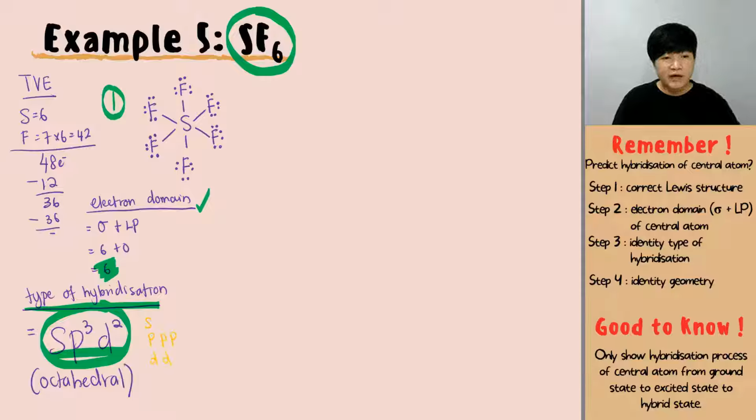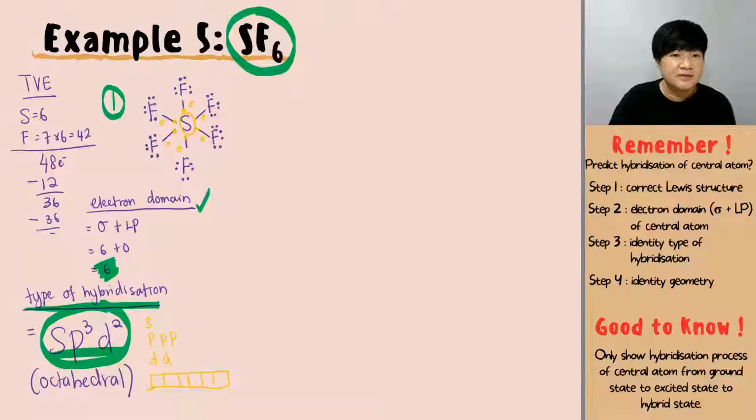Okay, so we are going to have something like this. 1 from the S, 3 from the P, and 2 from the D. Agree? And then looking at the Lewis structure, central atom sulfur right now has 6 sigma bonds. So everybody knows 1 sigma bond is 1 electron contributed by the sulfur.